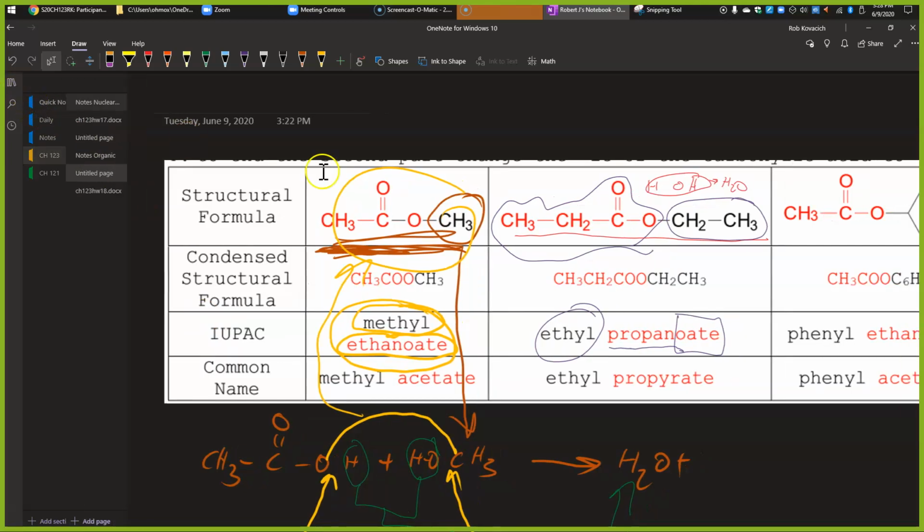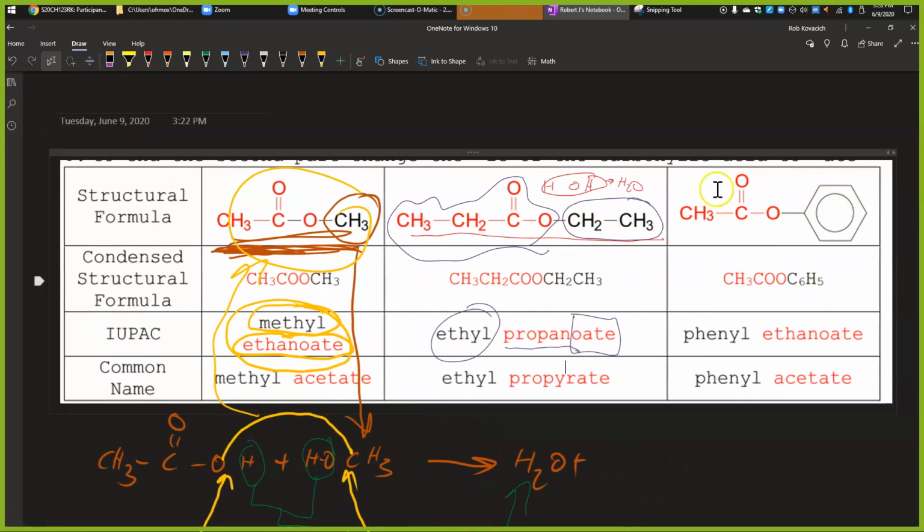So this was a phenol and ethanoic acid. So the phenol becomes phenyl, and the ethanoic acid becomes ethanoate. And so then I end up with phenyl ethanoate. Do you know anything about esters? They're flavorful and aromatic. Not in the chemical sense of aromatic, but they usually smell good.